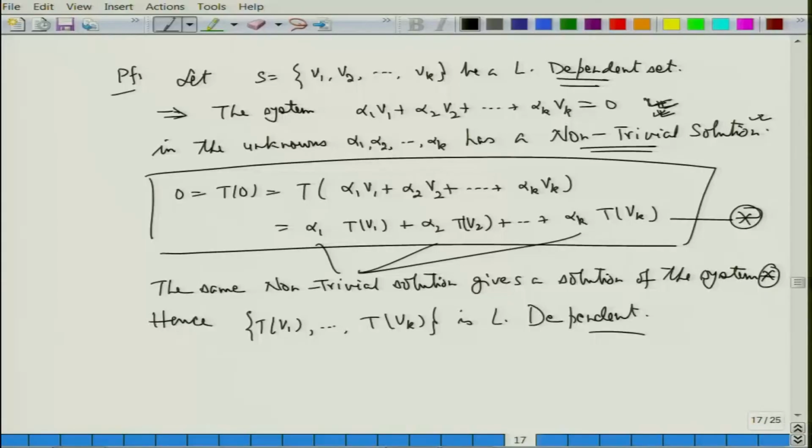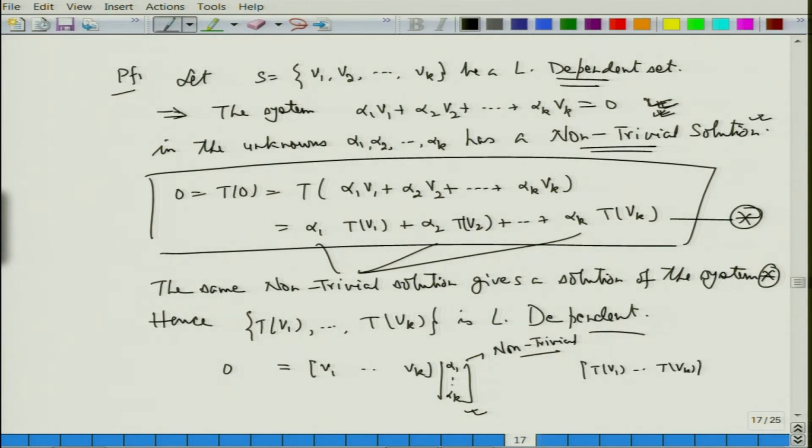So the idea here is that earlier we had 0 with V1 to Vk and alpha 1 to alpha k; we already had a non-trivial solution here. Similarly, again we are doing T of V1 till T of Vk and this.